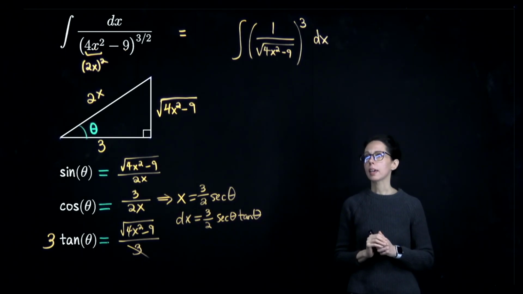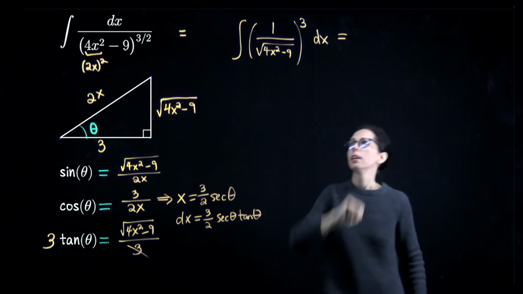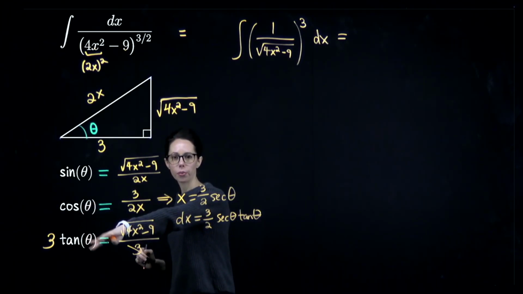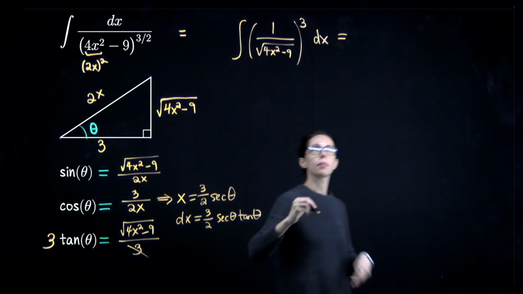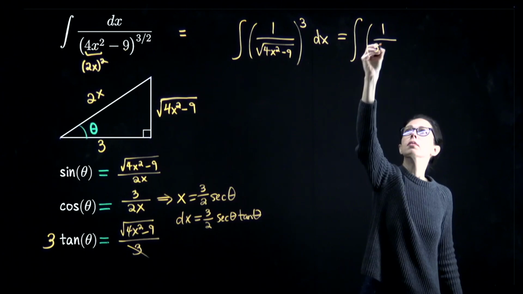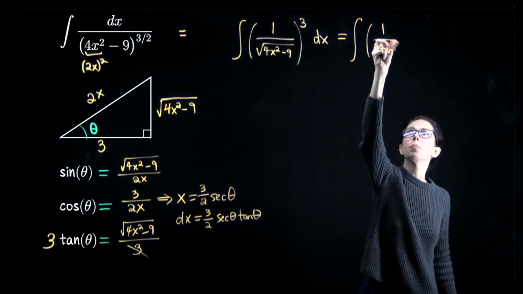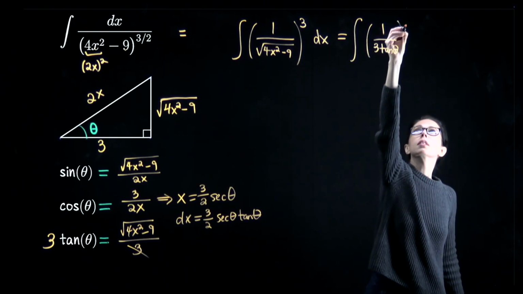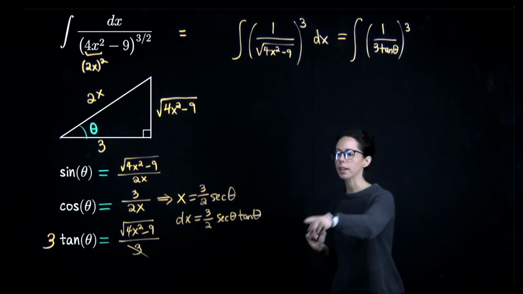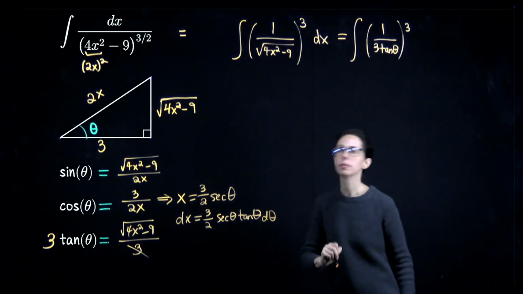We can now say that 1 over the square root is 1 over 3 tangent of theta, and then cube that. So that switches that term into theta, and then dx will get replaced with 3/2 secant theta tangent theta d theta.